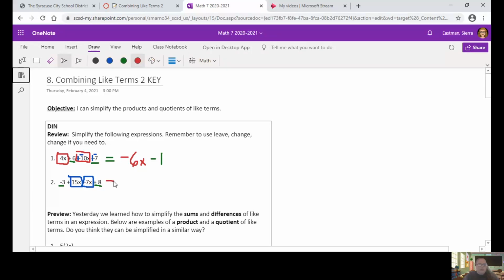I'm going to put my equal sign there, and then I will combine my two blue boxes here. 15x plus a negative 7x should give me 8x. And then the negative 3 plus a positive 8 should give me a 5.